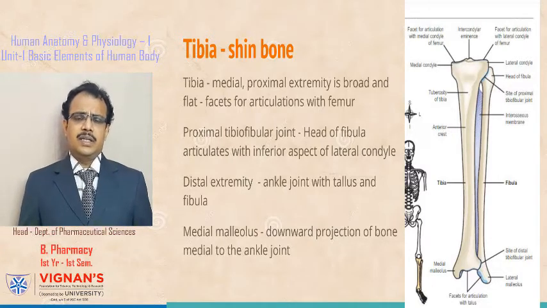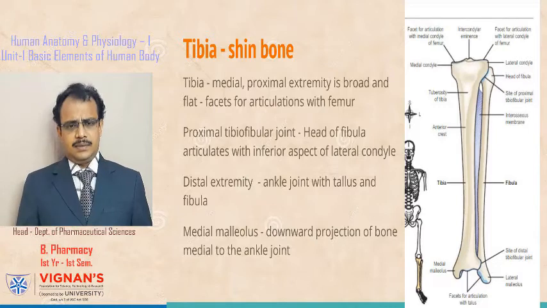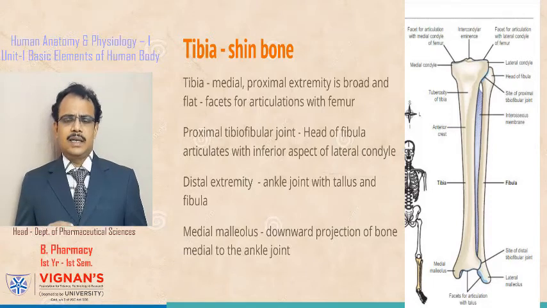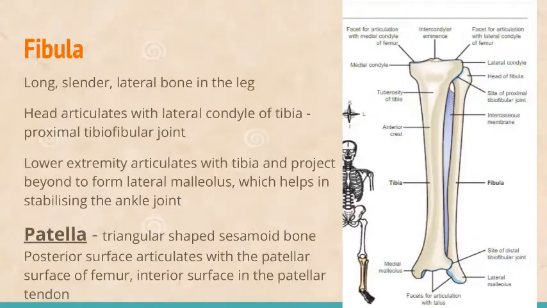The ankle joint is formed between the tibia, fibula, and talus. At the distal end of the tibia, there is the medial malleolus, a downward projection of the tibia, and this helps in stabilizing the ankle joint.